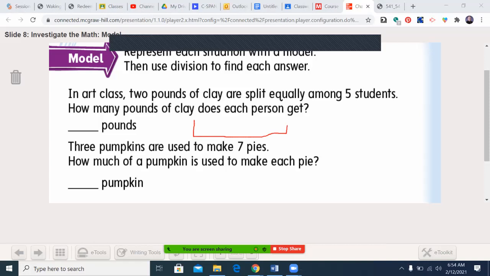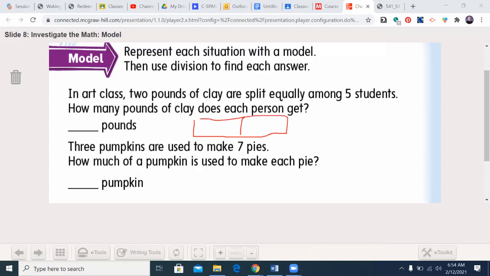So here's our 2 pounds, and I'm going to represent a different color. It's 1 person's, 2, 3, 4, and 5. So you can see person 1, person 2, person 3, which is getting some from each of the 2 pounds, and 5.